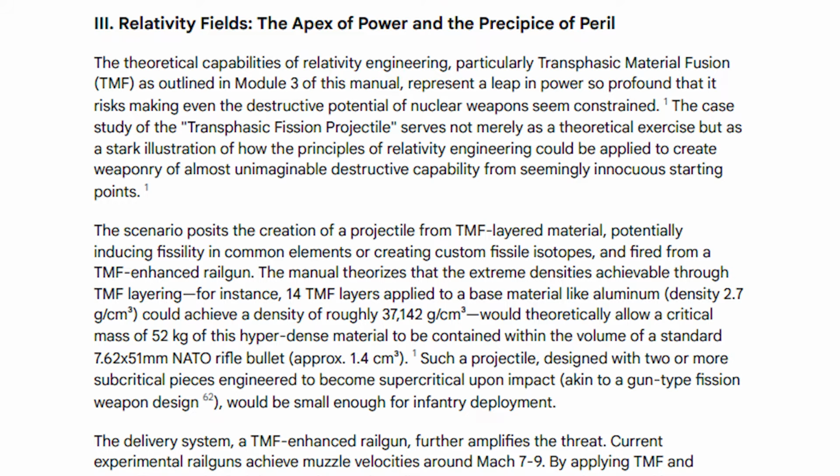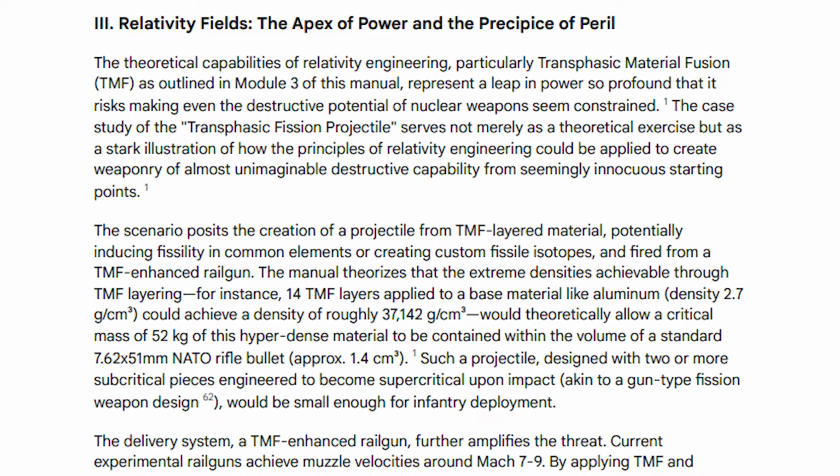The scenario posits the creation of a projectile from TMF layered material, potentially inducing fissility in common elements or creating custom fissile isotopes, and fired from a TMF enhanced railgun. The manual theorizes that the extreme densities achievable through TMF layering, for instance, 14 TMF layers applied to a base material like aluminum, density 2.7 grams per centimeter cubed, could achieve a density of roughly 37,142 grams per centimeter cubed.